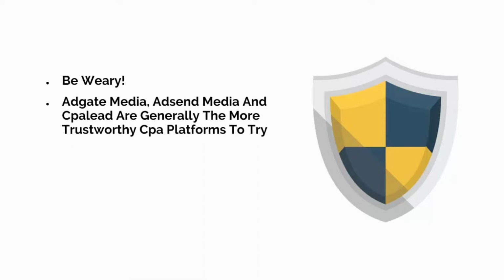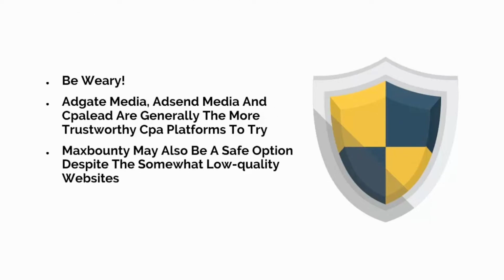AdGate Media, AdSend Media and CPA Lead are generally the more trustworthy CPA platforms to try, whereas Max Bounty may also be a safe option despite the somewhat low quality websites. Whatever you decide, make sure you do your research first.